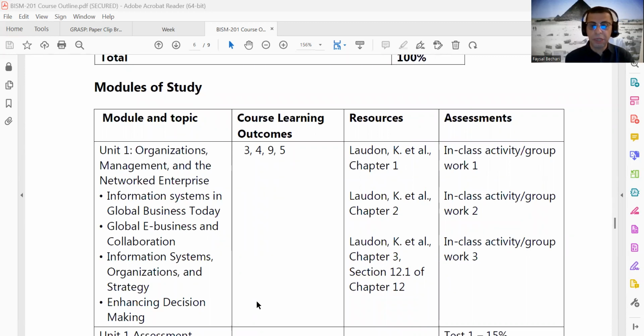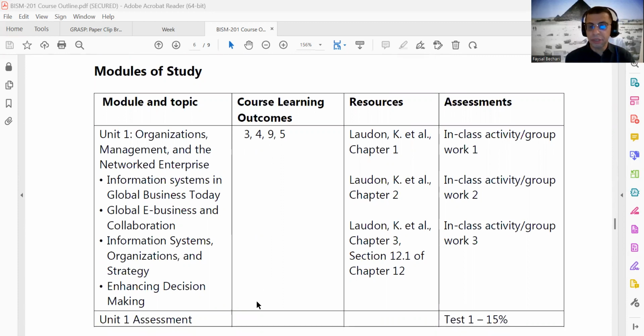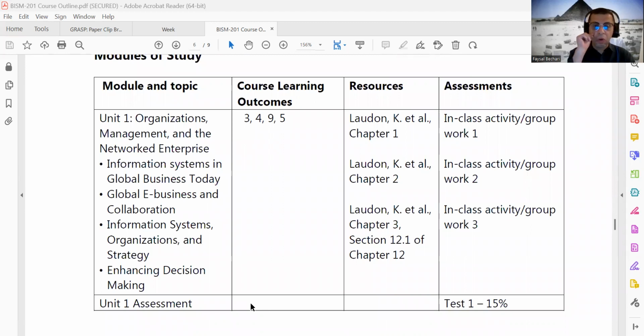In chapter 3, we'll talk about information systems and some activities and enhanced decision making. Now, all these chapters, I will be posting before the start of the class for you to review. Hopefully, if you can see them, then you can come to the class ready to ask questions or to participate in the classes.